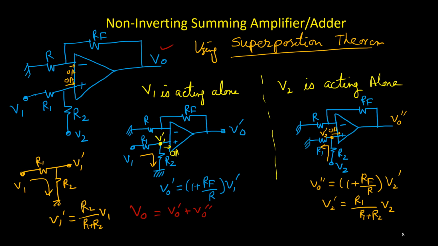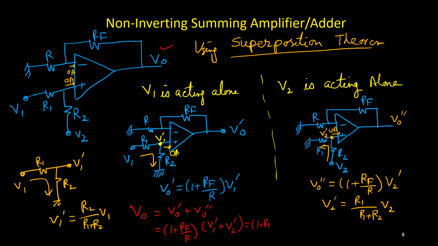This 1 plus RF by R is common to all, and so it is V1 prime plus V2 prime. Now we can replace V1 prime and V2 prime, then you will get the result.